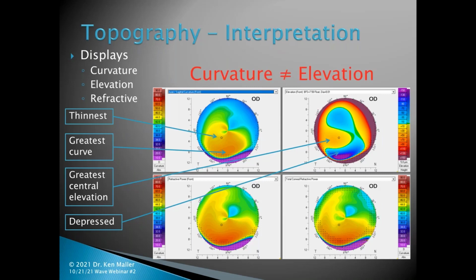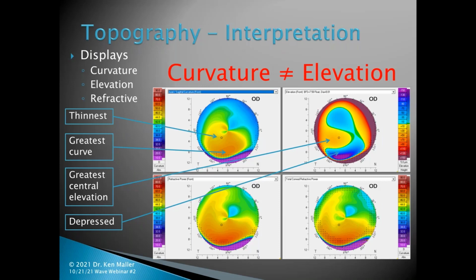This teaches us a very, very important concept that cannot be forgotten, that curvature does not equal elevation. The steepest portion of the cornea is not necessarily the highest elevated area of the cornea, and in fact, often they are not at the same location.